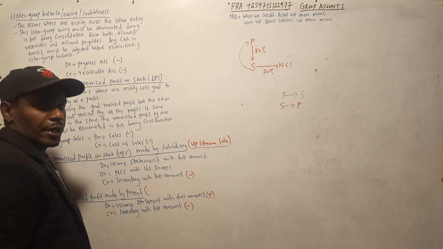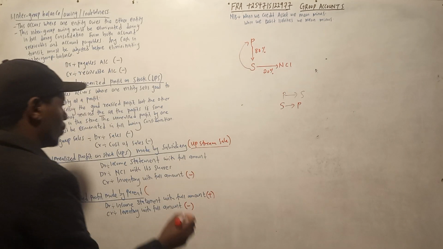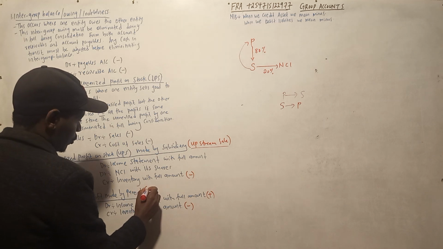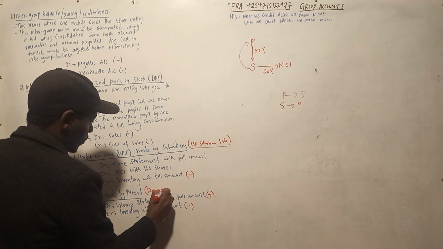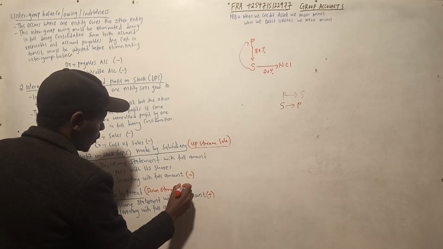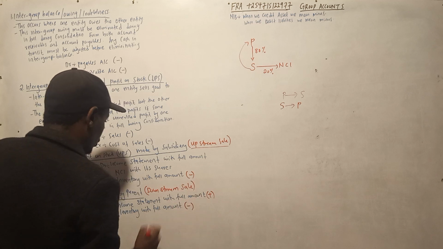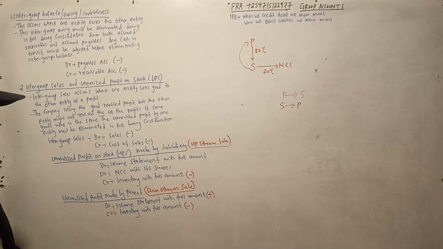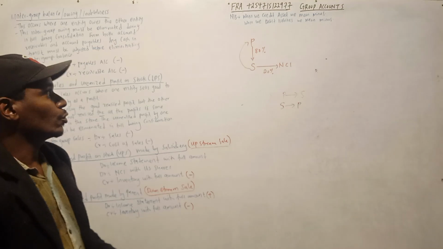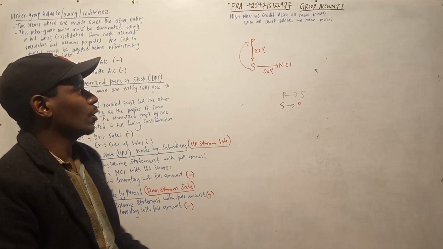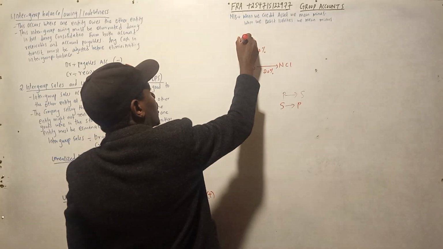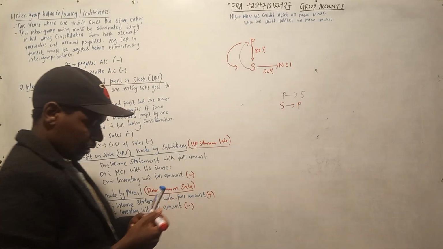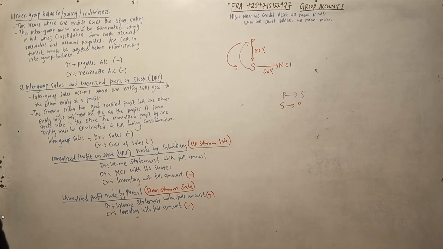For example, when the subsidiary sells goods to the parent, with an NCI of 20%, that's an upstream sale. Where the parent is the one making the sale, the parent sells goods to the subsidiary at a profit, that is a downstream sale. So that's number 2.